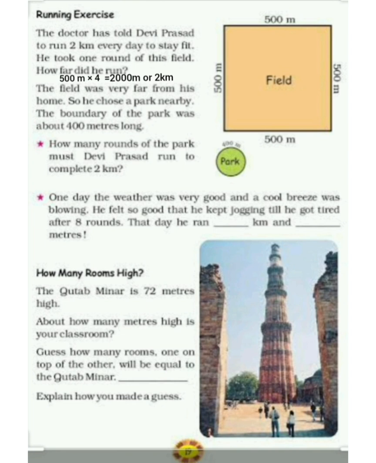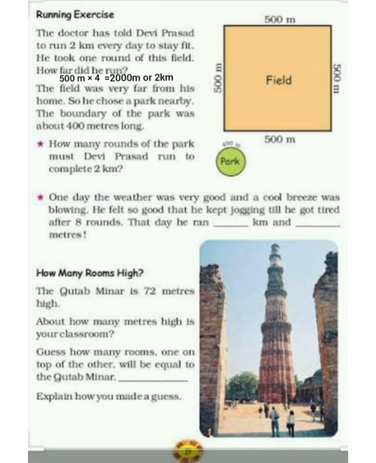The field was very far from his home, so he chose a park nearby. The boundary of the park was about 400 meters long. Then, how many rounds of the park must Devi Prasad run to complete 2 kilometers?